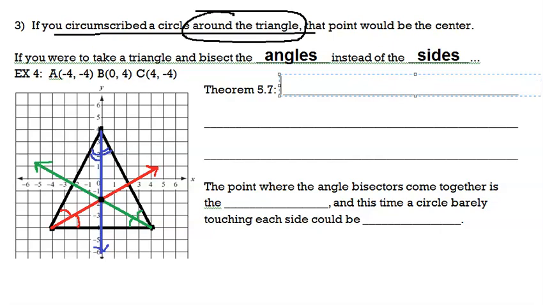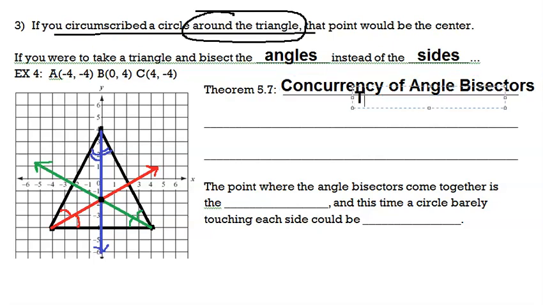The last theorem is going to be the concurrency of angle bisectors theorem. You may have to write small on this one because it got crunched for space. It's okay, you may need to draw a third line, it's not a big deal.